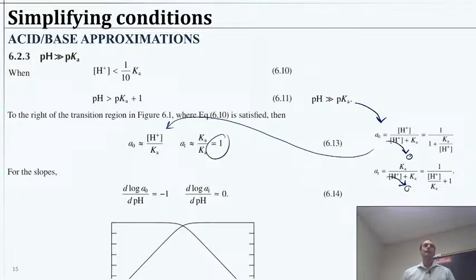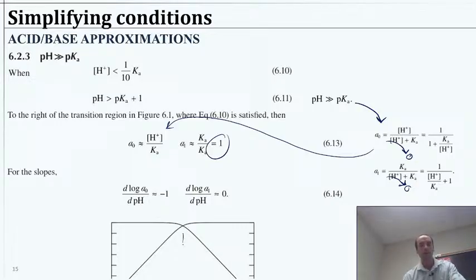Now, that seems very simple, right? It just equals 1. Well, let's take a look at our graph. When does alpha 1 equal approximately 1? When it's very basic compared to the pKa. So immediately it's like, oh, duh.